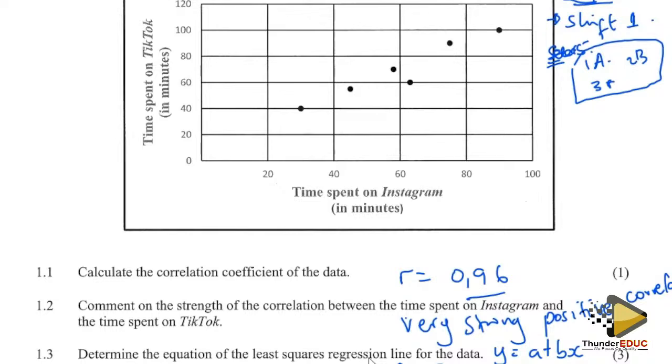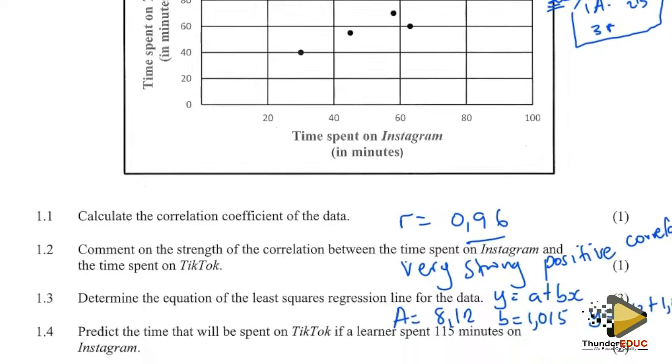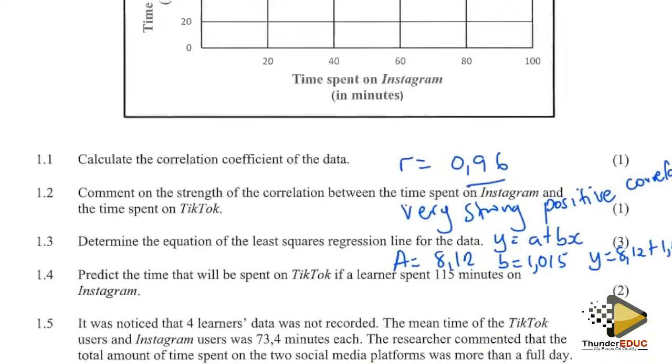If you have 2 decimals, you have 1.02, which is still fine. So the equation is y equals 8.12 plus 1.015x. Or if you're using 1.02, then y equals 8.12 plus 1.02x.